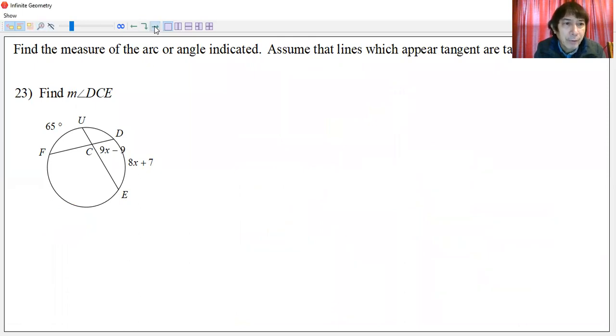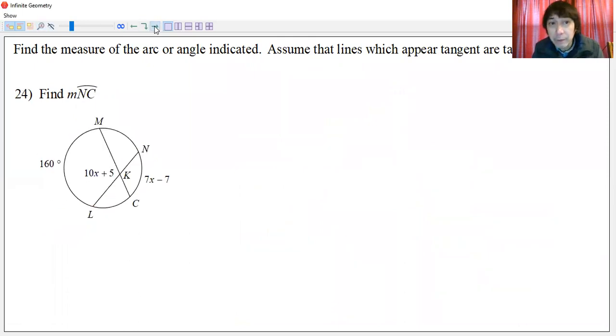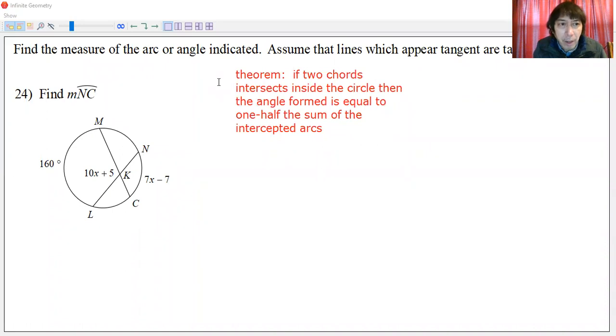Number 24. All right, here's number 24. We still have the same configuration. Two chords intersecting. We have the theorem. Our formula will be the arc 7x minus 7, plus this arc, divided by 2, is this angle there.